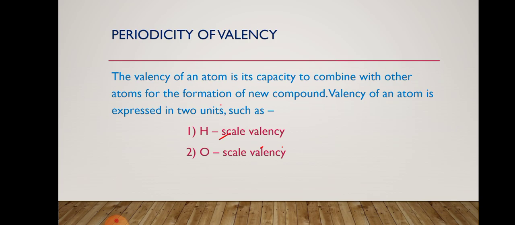Now I am going to discuss periodicity of valency. The valency of an atom is its capacity to combine with other atoms for the formation of a new compound. Valency of an atom is expressed in two units: hydrogen or chlorine scale valency and oxygen scale valency.